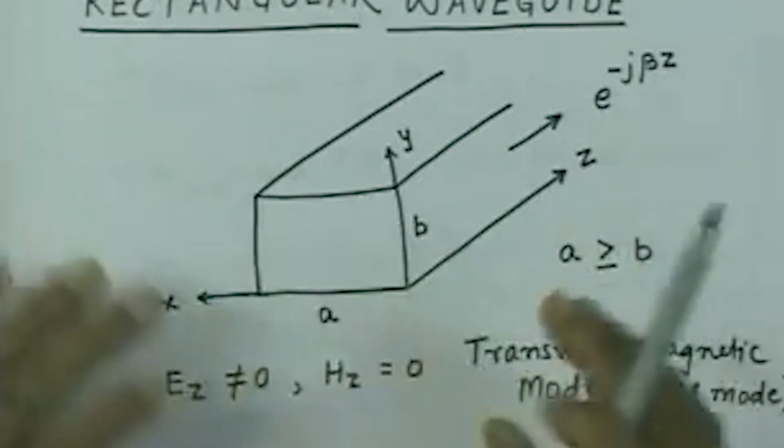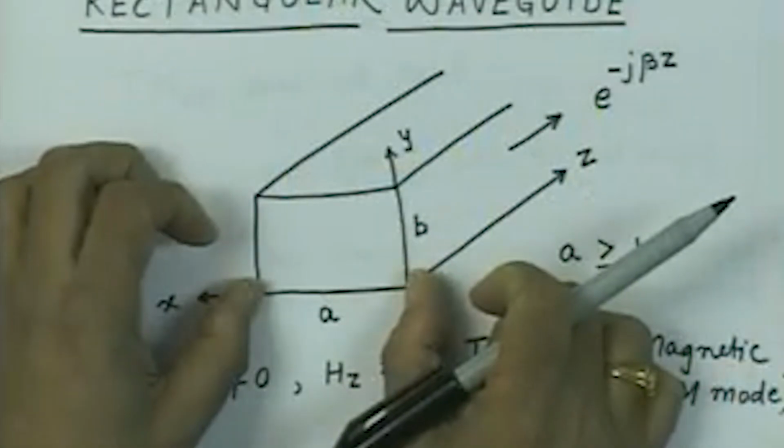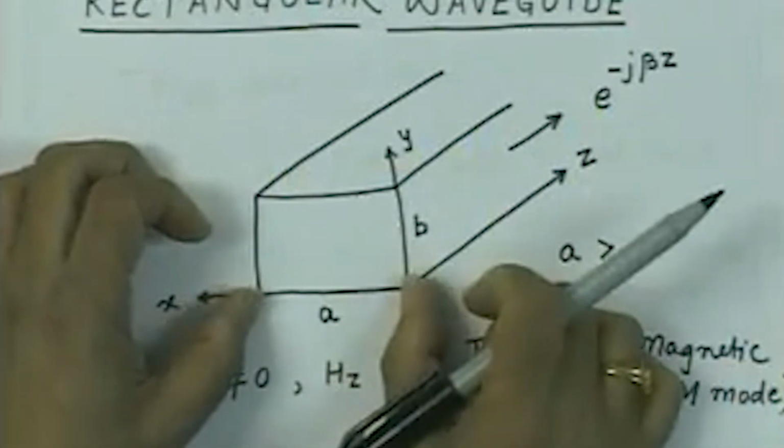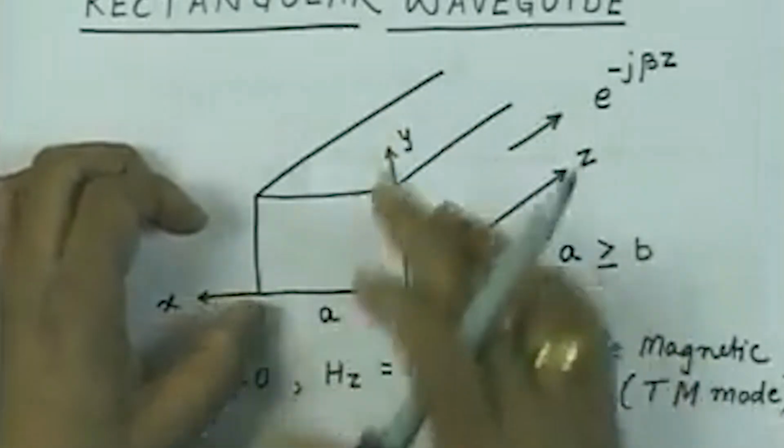Also, we have seen from the solution in this Cartesian coordinate system that the variation is always sinusoidal and it is always a number of half cycles. So, you can have 1 half cycle or 2 half cycles or 3 half cycles and so on. So, essentially Ez is always 0 on these two, and depending upon the value of m and n, you will have sinusoidal variation in the x and y direction.